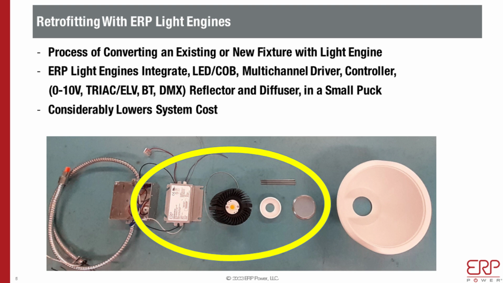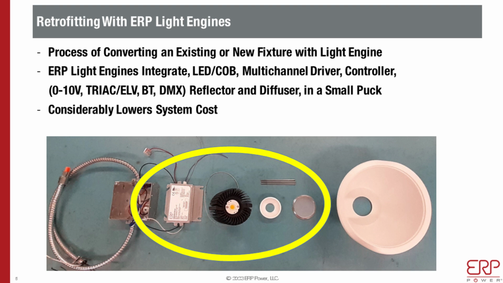The process of converting your existing fixtures, that is what it's called, retrofitting. So that is what we mean by retrofitting. And ERP light engines, as you can see in the picture, basically embed or include the driver. It includes the LED or the COB, and the driver itself, as we talked about, depending on if it's a single channel or up to 6 channels.